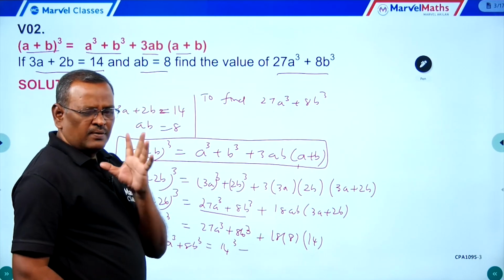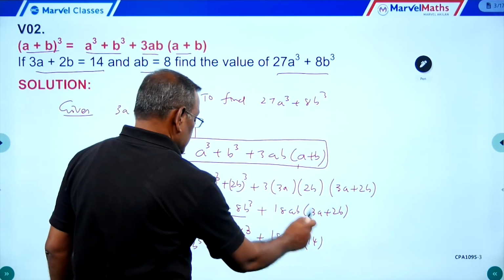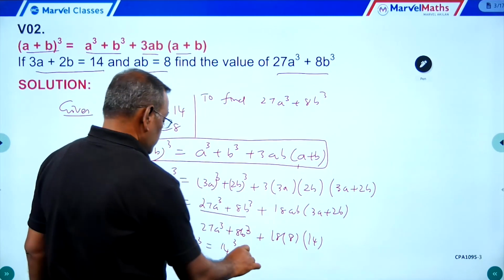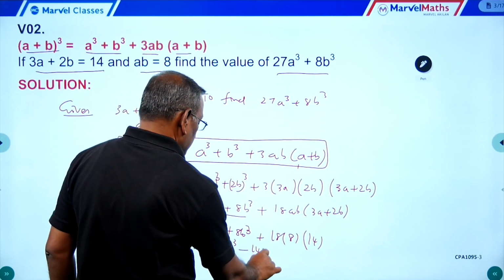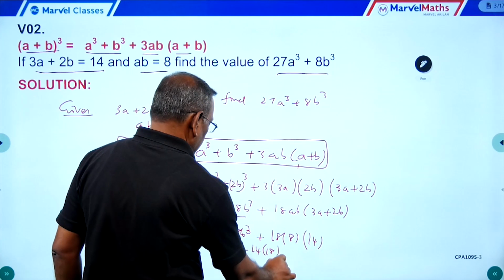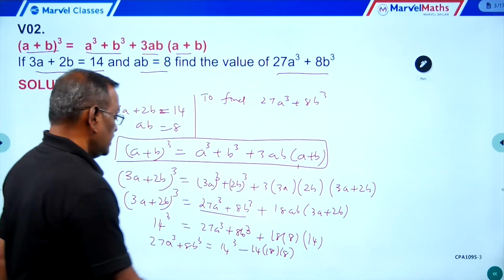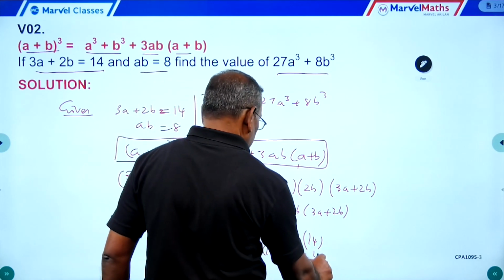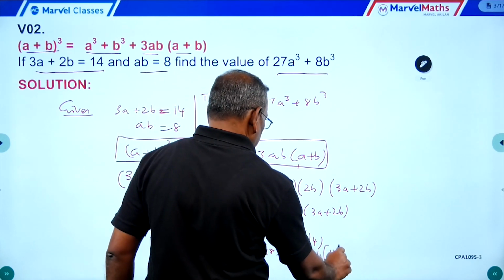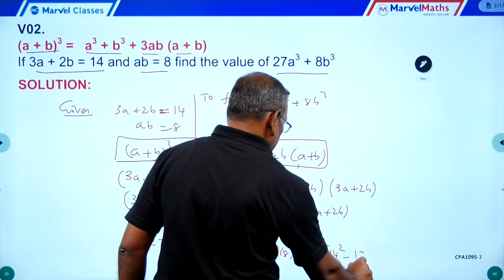So maximum avoid unnecessary calculation. What is this number? No need to multiply here. It equals 14 into 18 into 8. I will take 14 outside. If I take 14 outside, what is the balance value? 14 square minus 18 into 8.